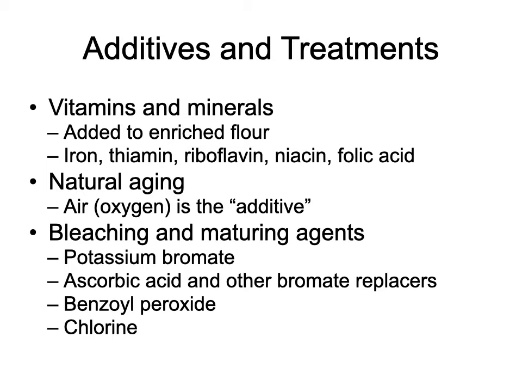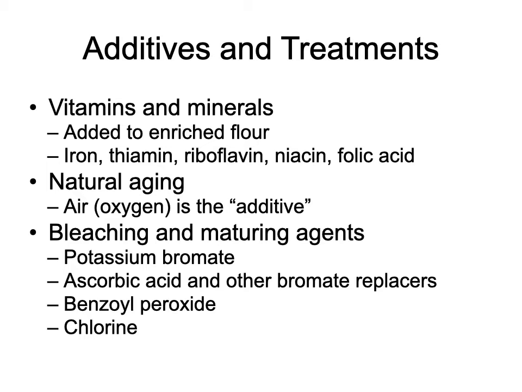For children whose bodies are still developing and who need a lot of vitamins in their diet, depriving them of those vitamins could cause other problems like vitamin deficiencies, things like rickets and other health problems. So those things are added oftentimes to flours where the vitamins and minerals have been affected.